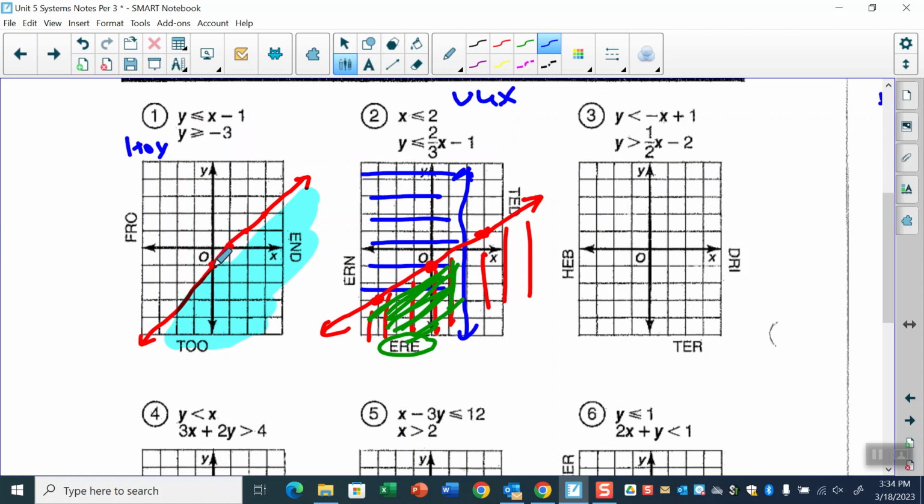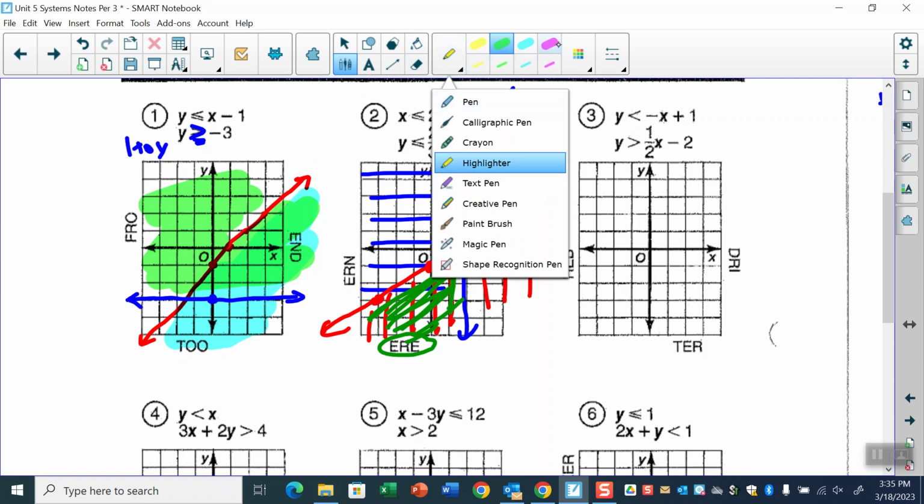So here's 0, 1, 2, 3. So there's my y-intercept. And it has this equals here, so it's going to be solid, horizontal. So I'll draw it just like that. That's my horizontal line. And it's greater than, so I'm going to shade above, right? Greater than means you go above the line. Okay, so this would be shaded above.